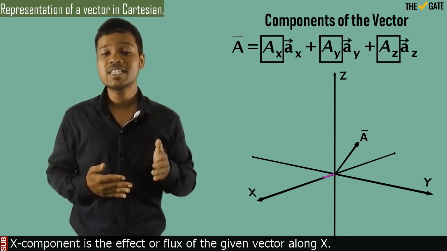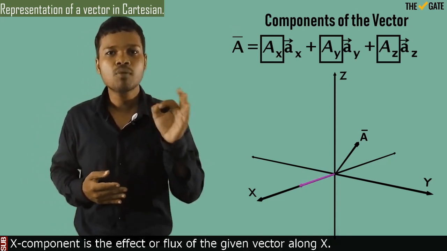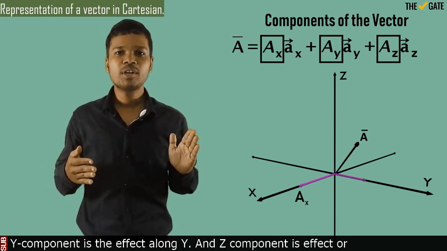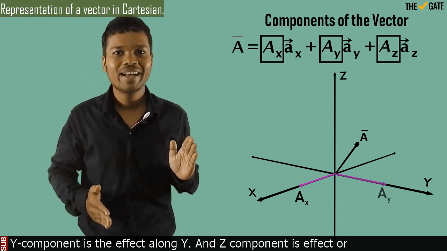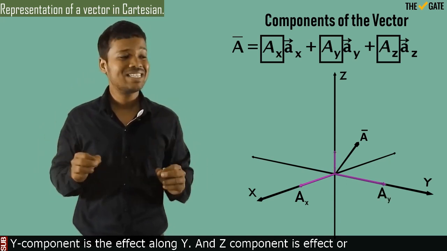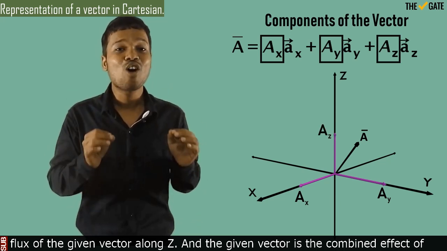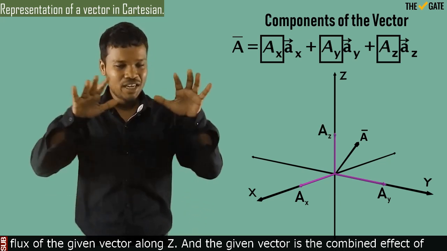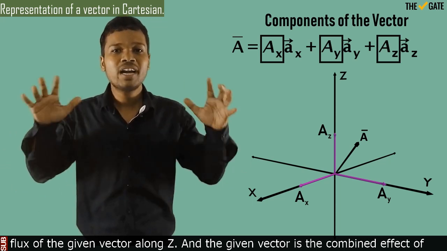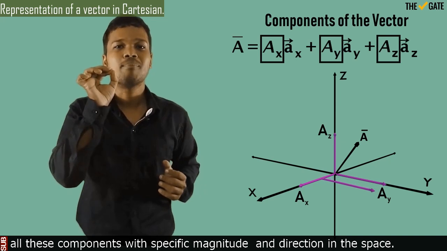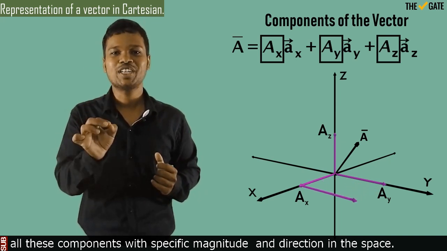The x component is the effect or flux of the given vector along x, the y component is the effect along y, and the z component is the effect or flux of the given vector along z, and the given vector is the combined effect of all these components with specific magnitude and direction in the space.